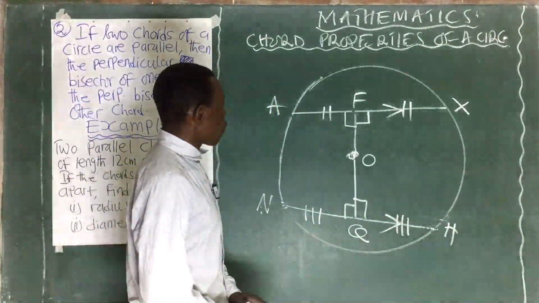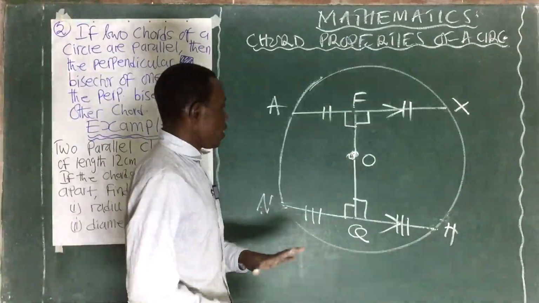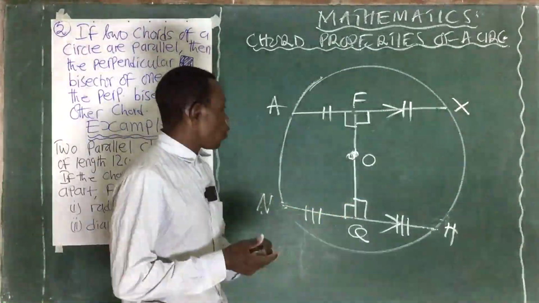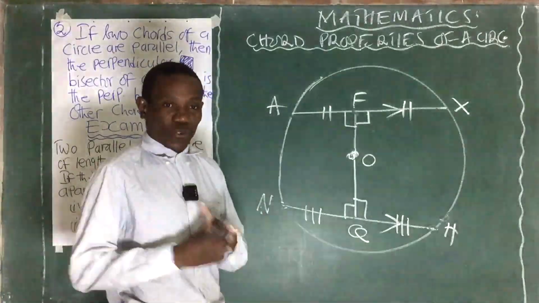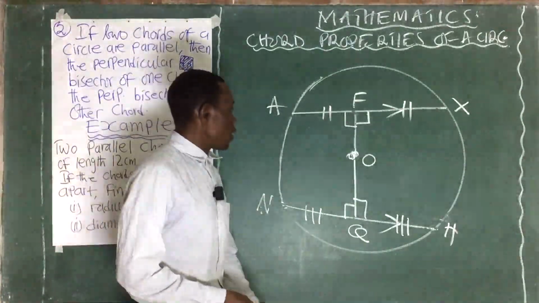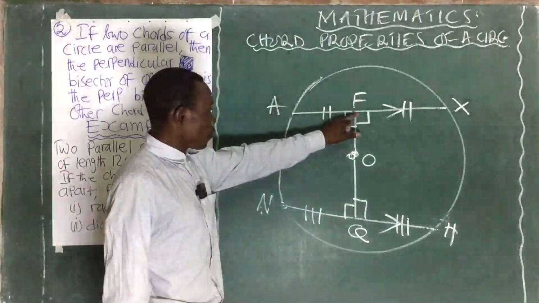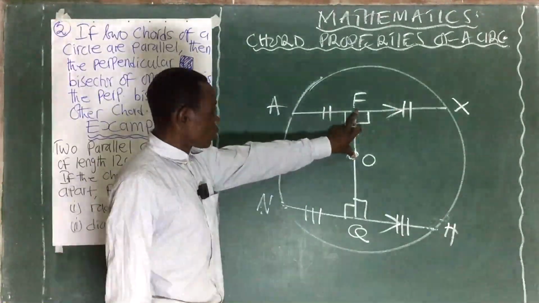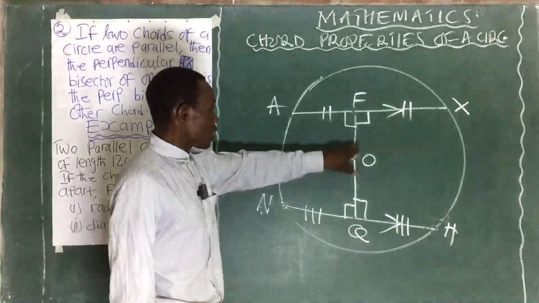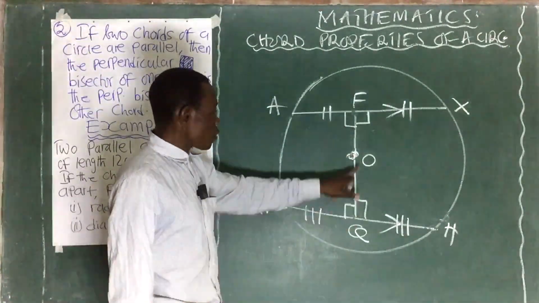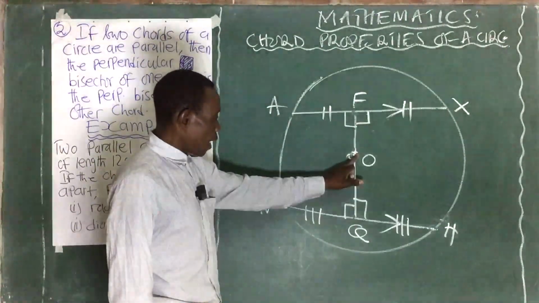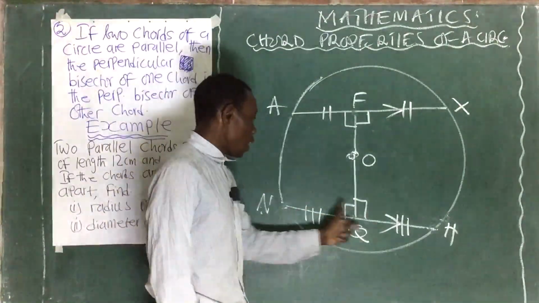Now, if we look at the two lines together, line OF is perpendicular to the chord and is the distance from the center to that chord, and the line OQ is also a perpendicular line, which is a perpendicular bisector to NH.